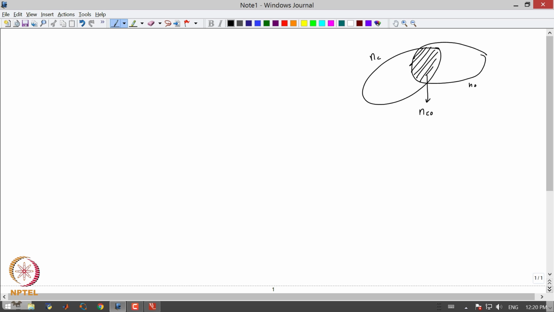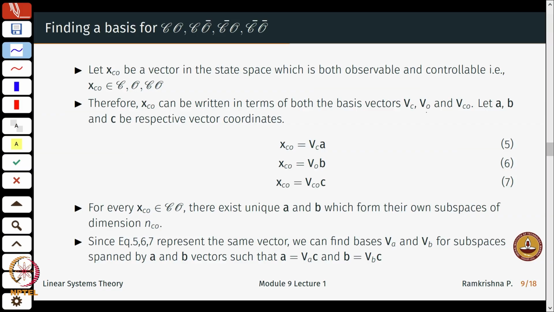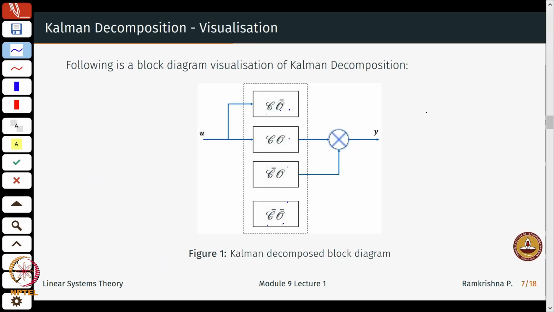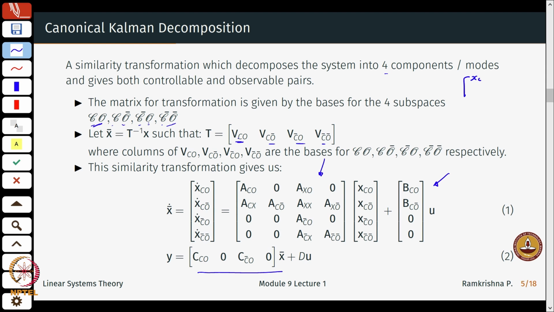Okay. Now, the aim is to find these 4 bases here, this VCO, VCO bar, VC bar O and VC bar O bar.